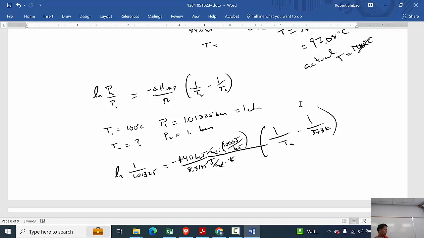Divided by 44,000 times 8.3145 equals. All right, then I'm going to add the inverted 373, plus 373 invert equals that, and then I'm going to invert my answer. And I get 372.6.